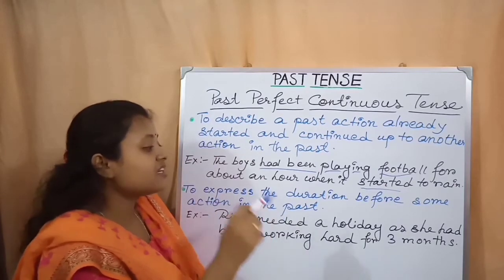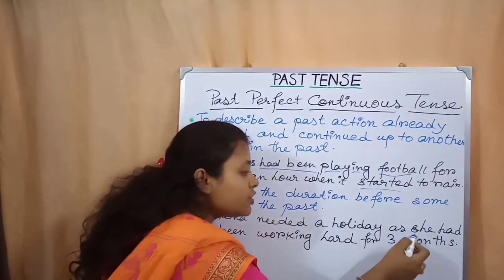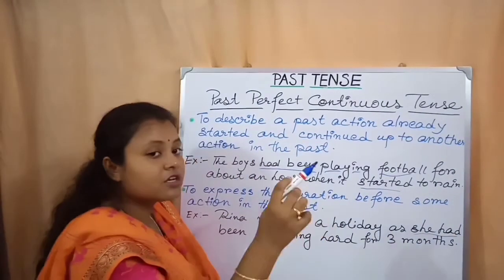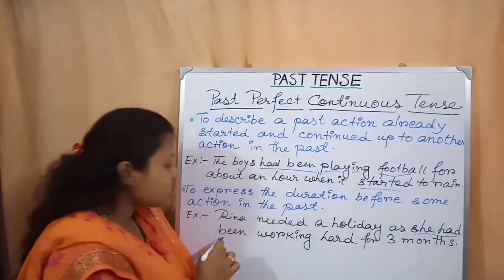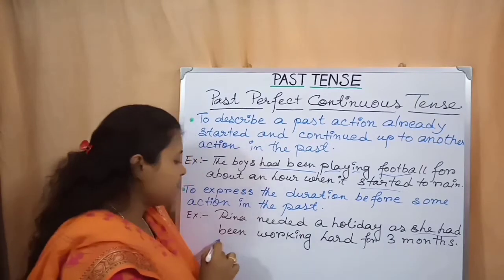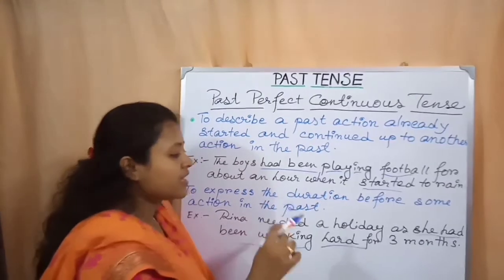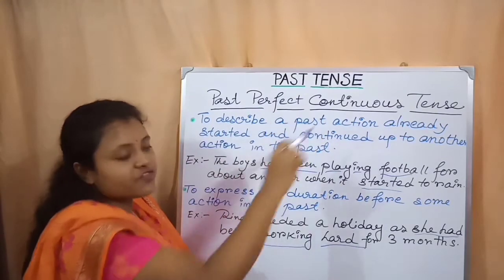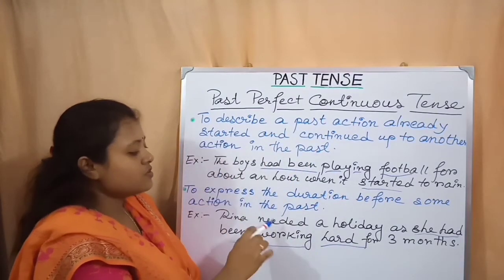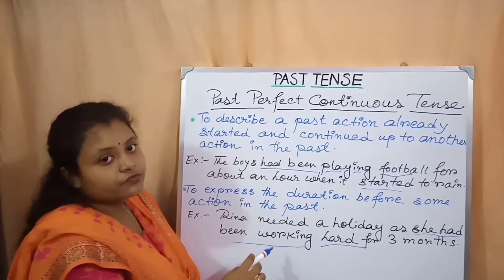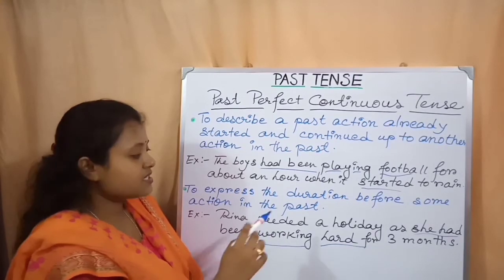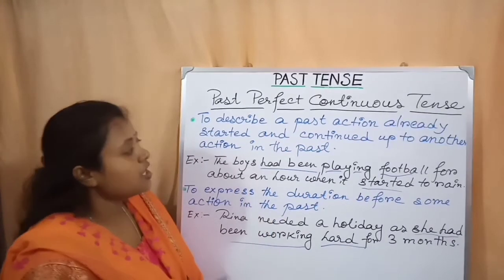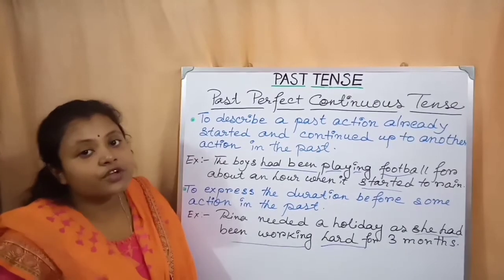So because of the duration of the work I am using here, she had been working. This is written in past perfect continuous tense. I have used this tense of the verb over here to express the duration.